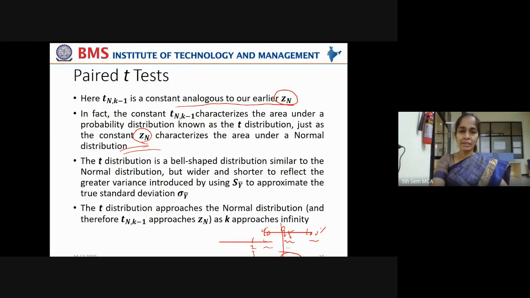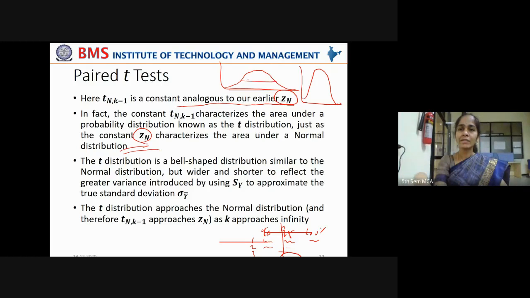Now the T distribution is a bell-shaped distribution similar to the normal distribution, right? It is similar to the normal distribution. That is why we equated it to Z score, but wider and shorter. Wider and shorter means, say in normal cases, the normal distribution is like this, but in this case, it will be in this way.